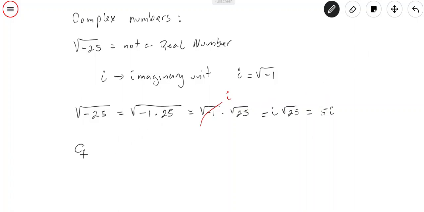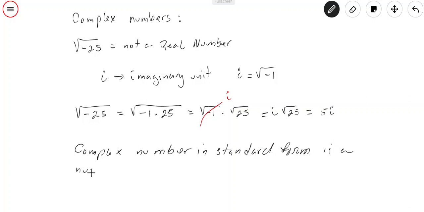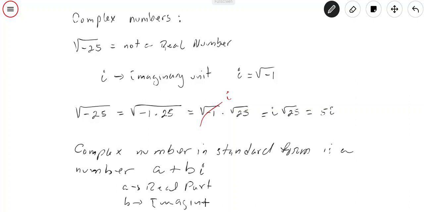A complex number in standard form is a number a plus bi, where a is the real part and b is the imaginary part.